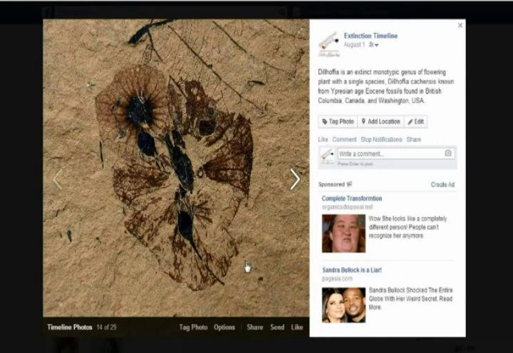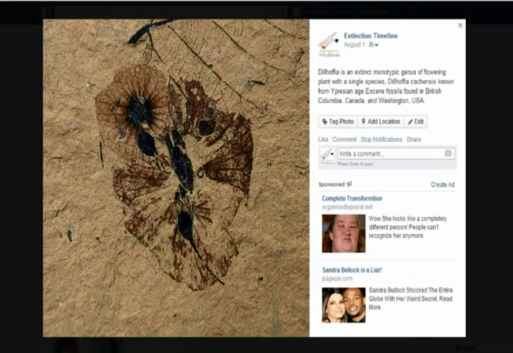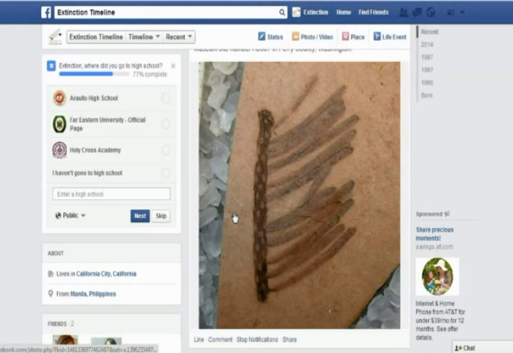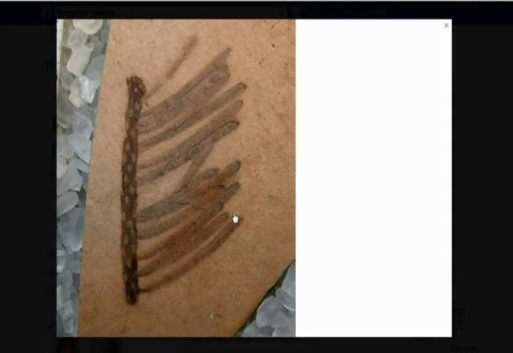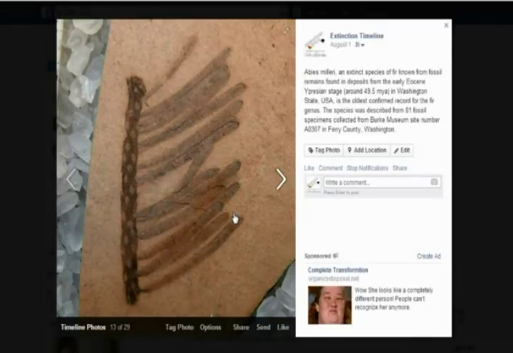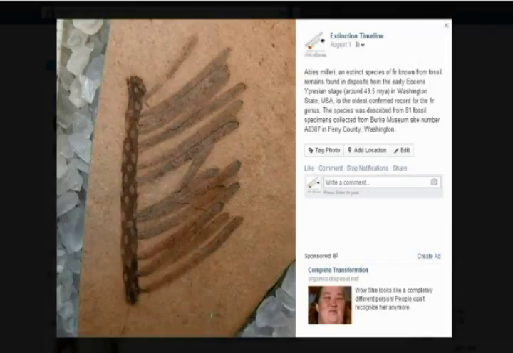Dilophyia is an extinct monotypic genus of flowering plant with a single species. Another is an extinct species of fir known from fossil remains found in deposits from the early Eocene in Washington state, USA.